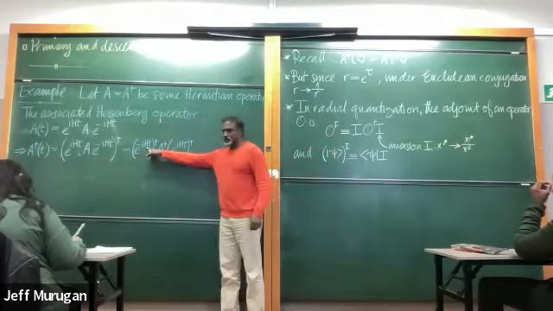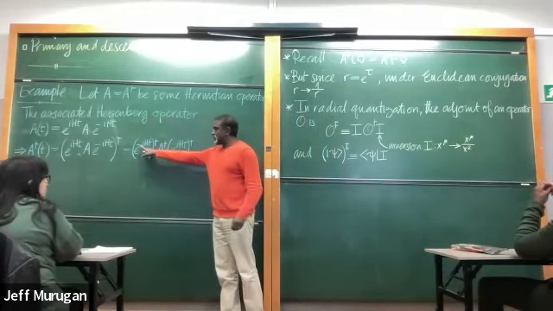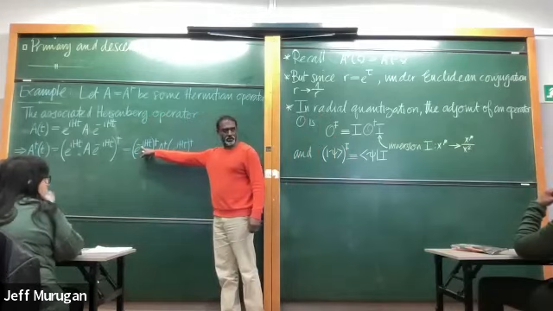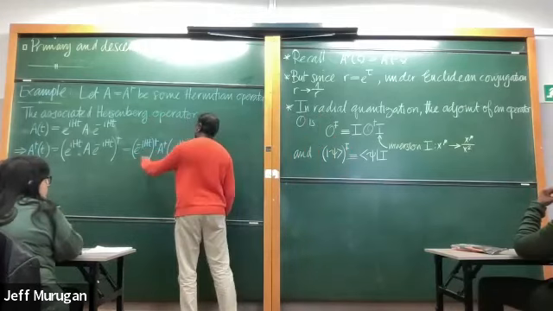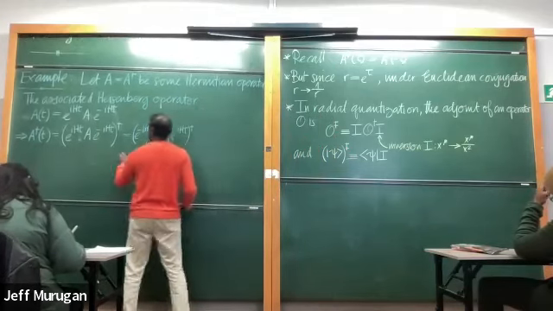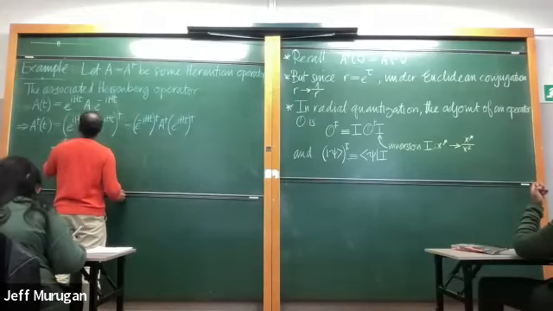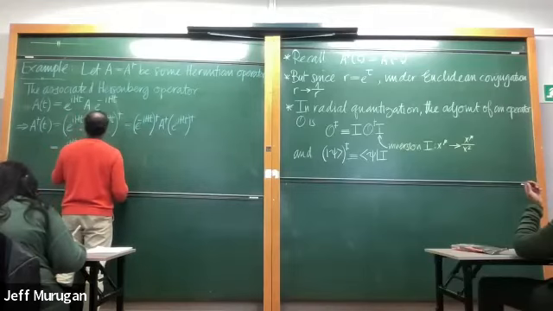The Hamiltonian is necessarily Hermitian. We don't do anything to t, and under the dagger operation, i goes to minus i. So this is just e to the i H t.